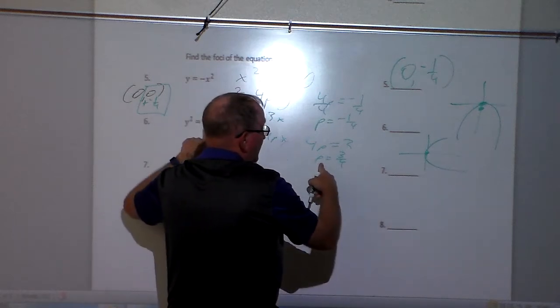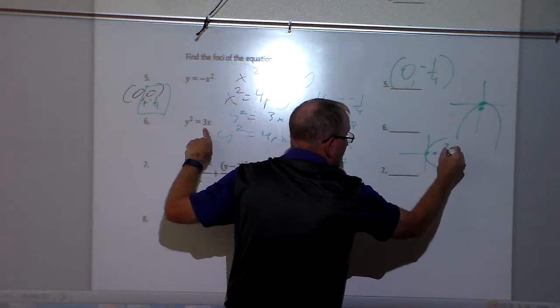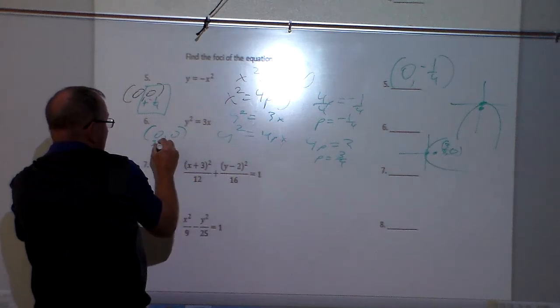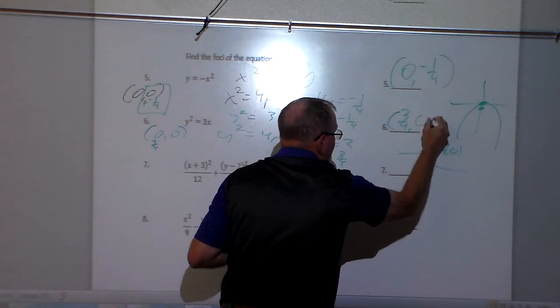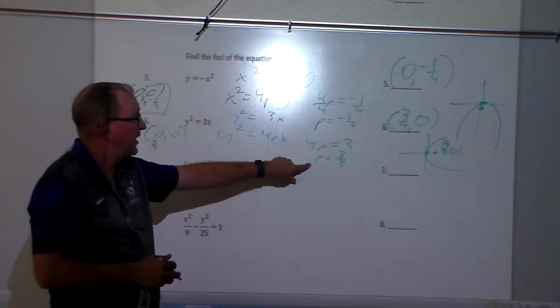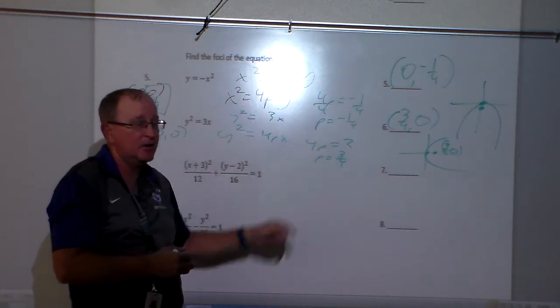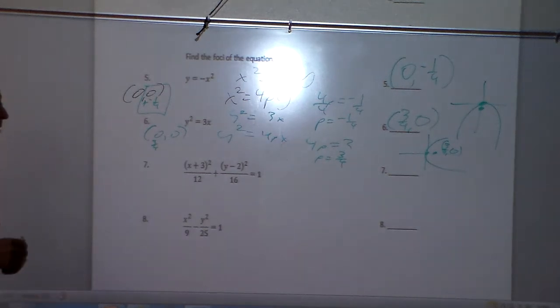So this 3/4 has got to move along the x-axis. So it's going to be 3/4, 0. I've got to add 3/4 to the x, or wherever that center was. So this point here is 3/4, 0. Because all we're doing is this: 4p, find p, which is that number divided by 4, if we're in this format, makes it really, really easy. And I have found the focus of those two parabolas.